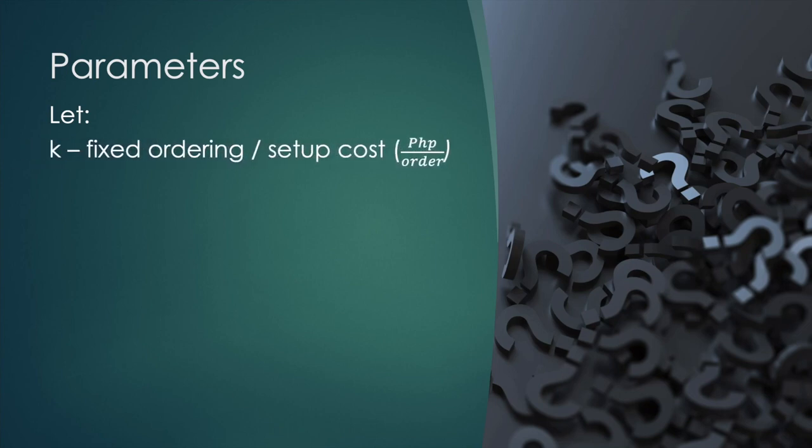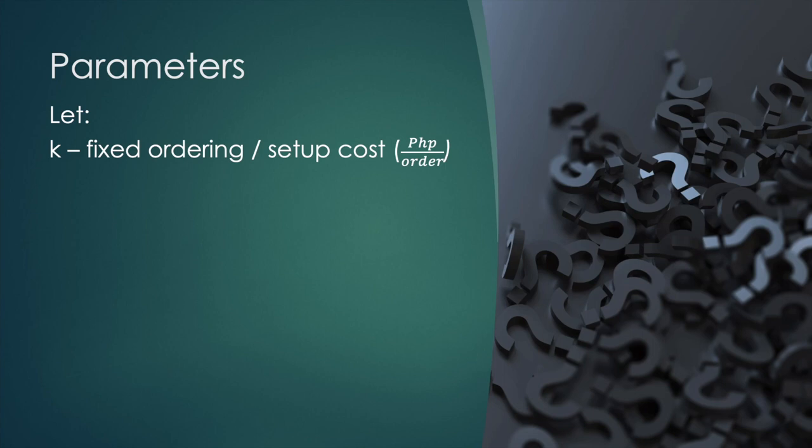First, the fixed ordering or setup cost. What does the fixed ordering or setup cost entail? These are the costs that you incur because you are ordering inventory. And these costs are fixed, meaning it doesn't matter how much inventory you are ordering, whether small or big, you will be paying a fixed amount.